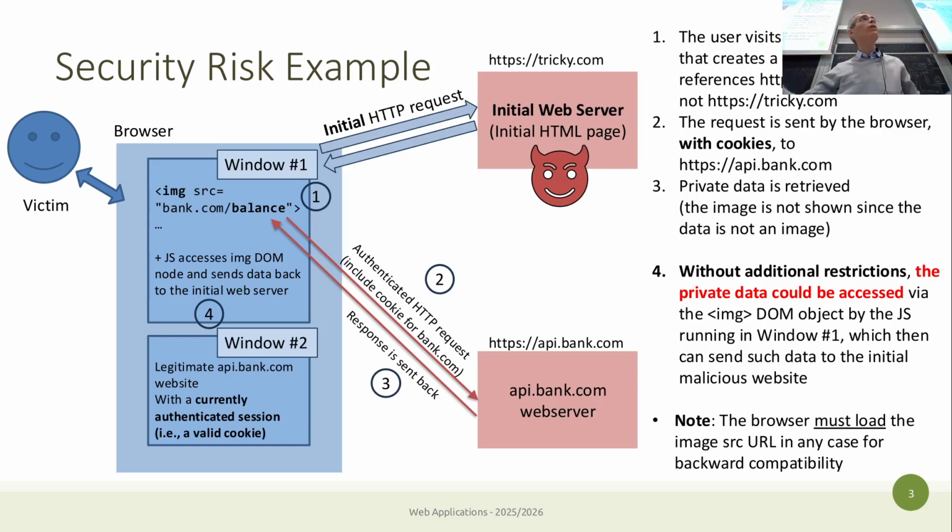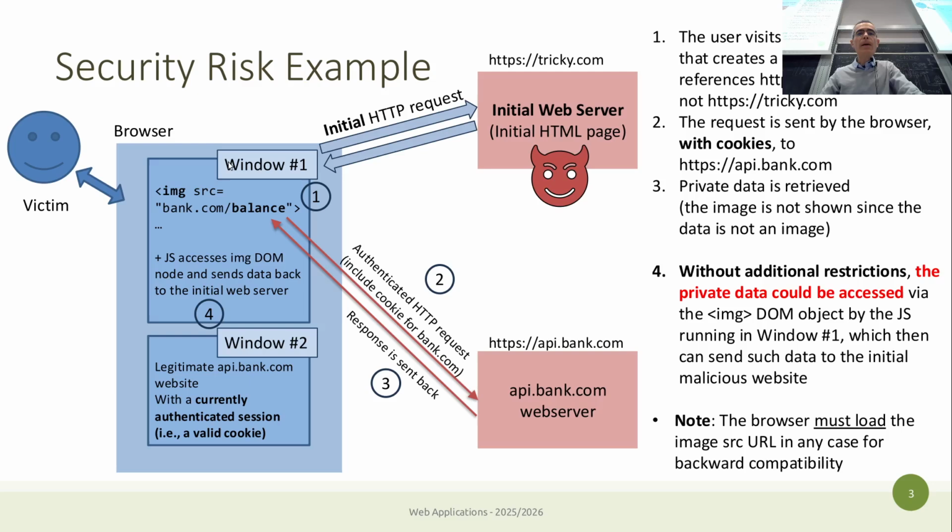We are talking about banks because it's so easy to think in terms of money, but it can be anything, okay? It can be the page for your email and so on, okay? And so you load this page that looks like a normal page, a traditional page you are used to interacting with. It looks like your bank account homepage, or it looks like your email homepage, or maybe the Polito web page, and so on, okay?